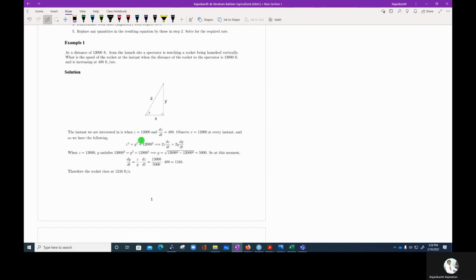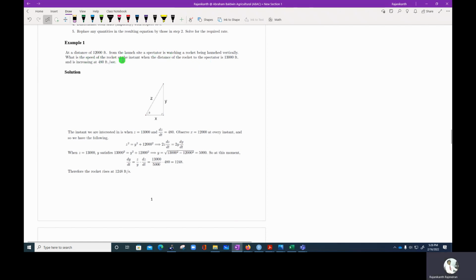Okay. So now this is the distance the spectator is watching, that is 12,000 feet, right? So the question is now, we need to find, right? We need to find what? Read the problem.